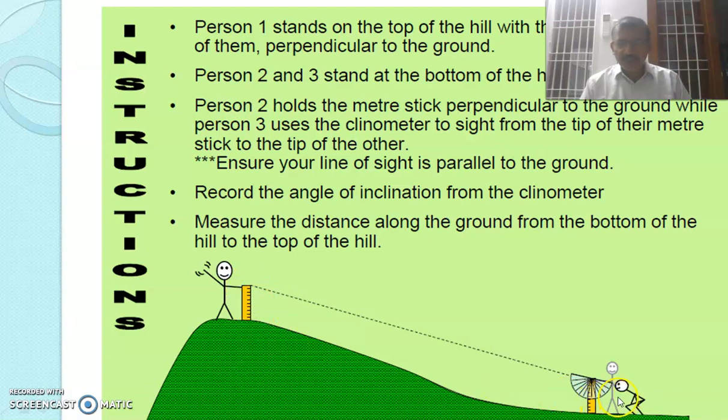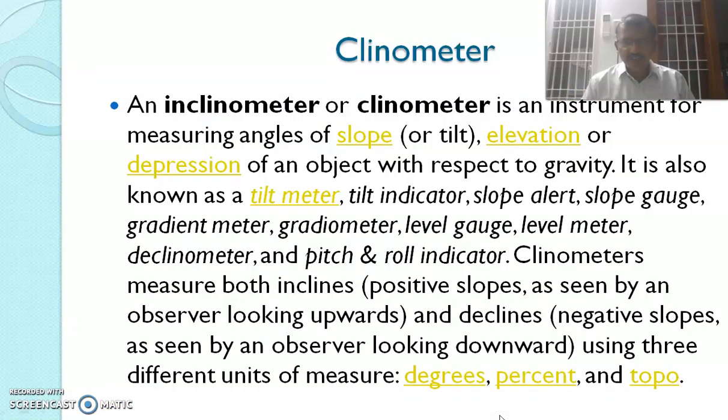Person 2 holds a meter stick perpendicular to the ground, and person 3 takes a clinometer reading, that is, he finds the height of this scale. Person 3 uses the clinometer to sight from the tip of their meter stick to the tip of the other, and records the angle of inclination from the clinometer. This is the basic principle of clinometers.